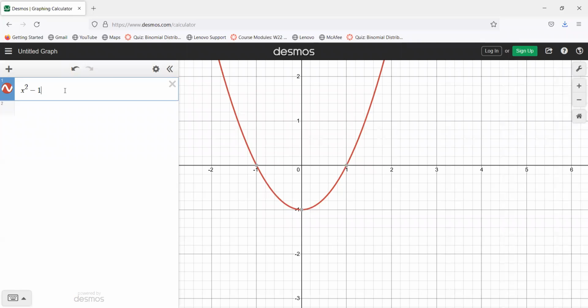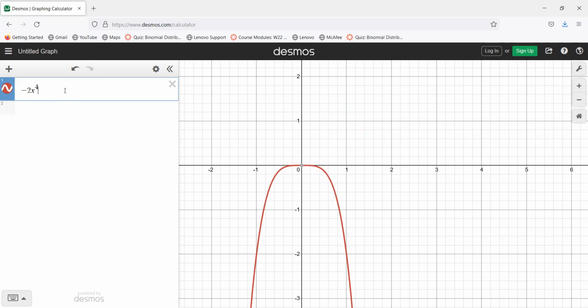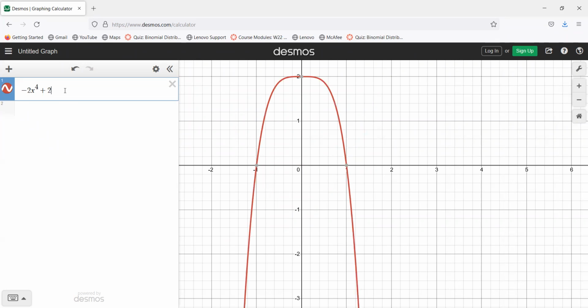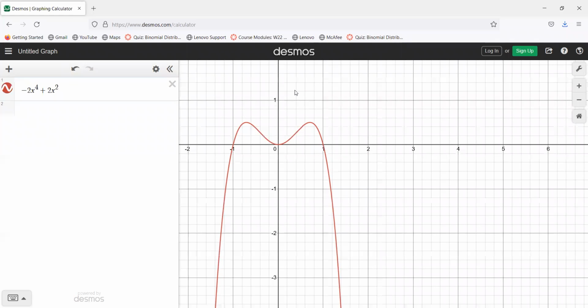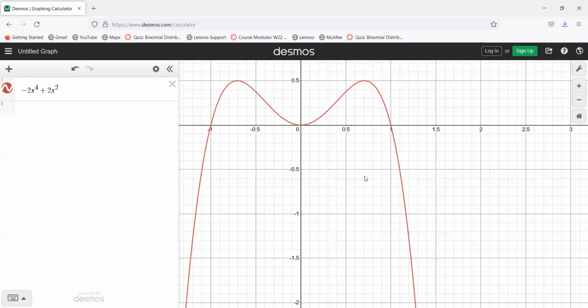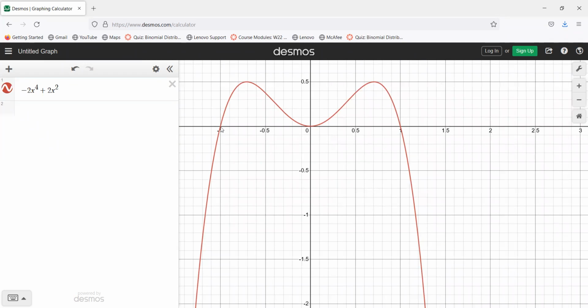So here we have negative 2x to the fourth plus 2x squared. Well, check out this graph. How many intersections do we have? 1 is here. Negative 1, my x is negative 1.